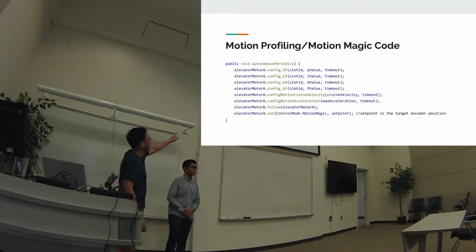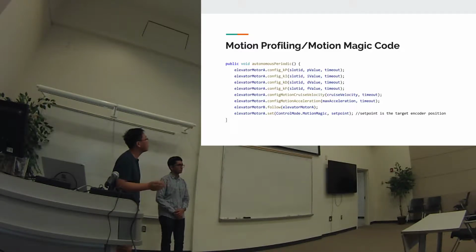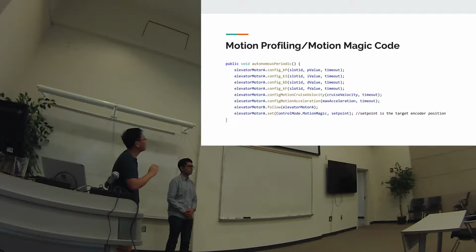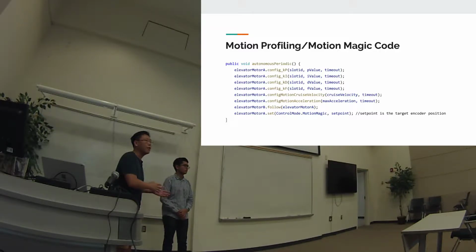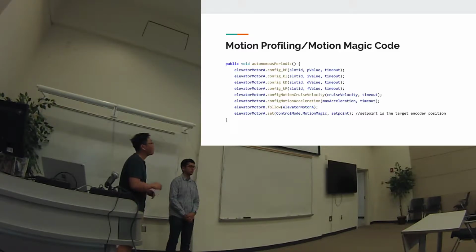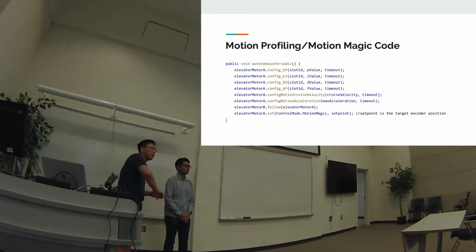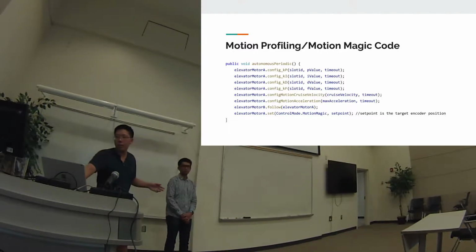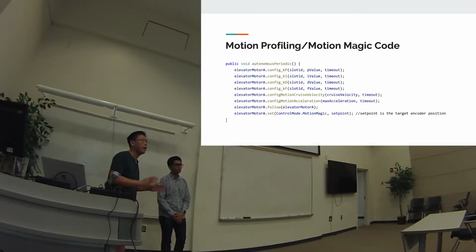So here we have the extra methods like configure motion cruise velocity, and we're configuring the maximum acceleration of the system, right? So now it knows that our system can only accelerate at a certain rate, and that we want it to hit a certain cruise velocity. So now it generates that profile, that trapezoidal shape we saw earlier, and then your entire system will follow that.